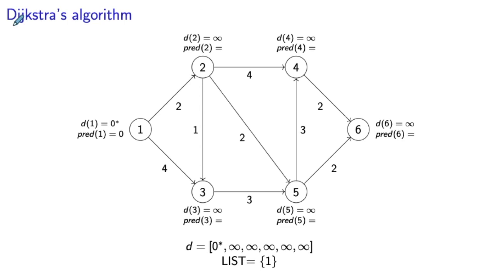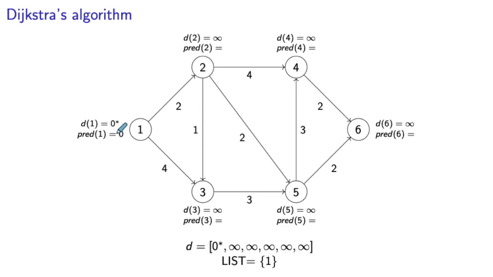Dijkstra's algorithm belongs to the category of what we call label setting algorithms. Why is it called this way? Because there are certain labels associated with every node that we are going to set during the execution of the algorithm. In particular, there are two types of labels associated with every node.